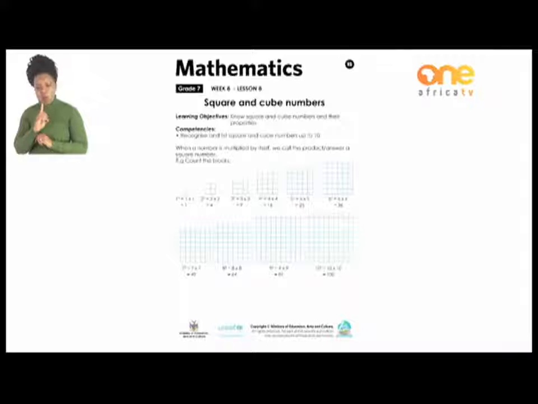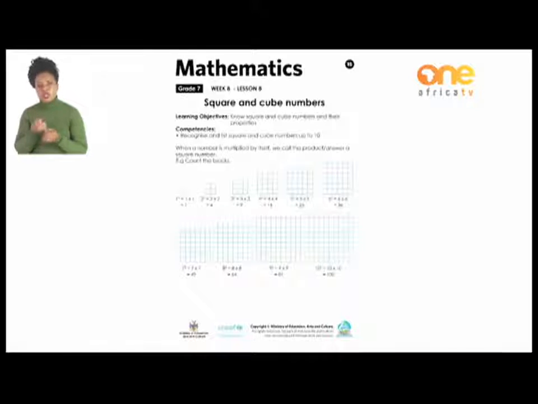The second, we have 4 blocks there, and then that is 2 squared, so it's 2 times 2 gives you 4. Goes with 3 squared, 3 times 3 gives you 9, 4 squared, 4 times 4 gives you 16, 5 squared, 5 times 5 gives you 25, 6 squared, which is 6 times 6 gives you 36.